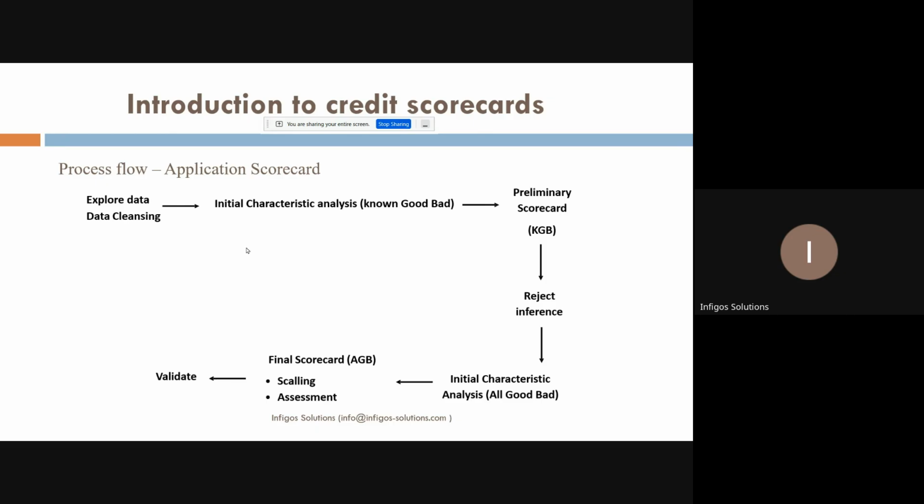So target is unknown for those customers. But the customers you accepted, within 1 year, you will see whether they defaulted or stayed good. So they are known good and bad customers. Does that answer the question, Krishna? Yes.